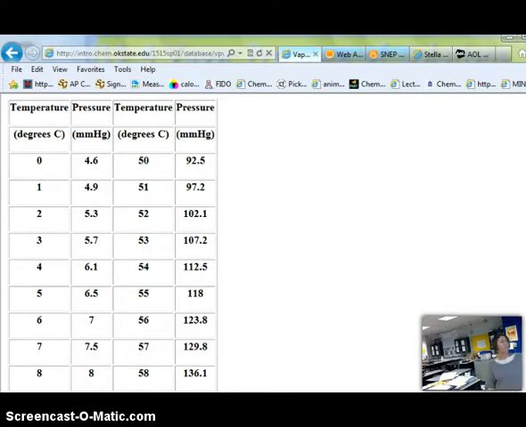You can see over here at 56 degrees, it goes up to 123. And this table goes longer, but I want you to understand, and it makes sense, that the hotter your water is, the greater the rate of evaporation. So you're going to generate more water molecules, and therefore it would exert greater pressure on the walls of its container. So the higher the temperature, the more gas you create, which creates a greater vapor pressure.